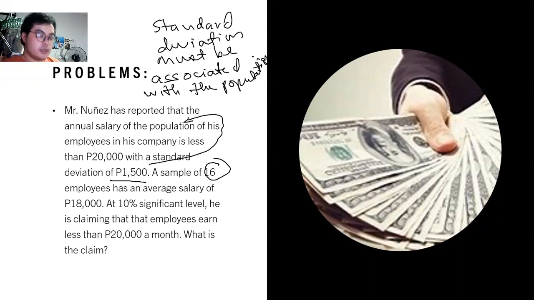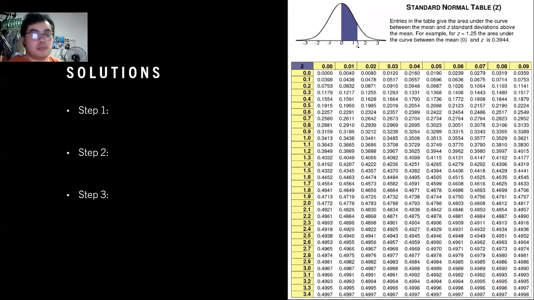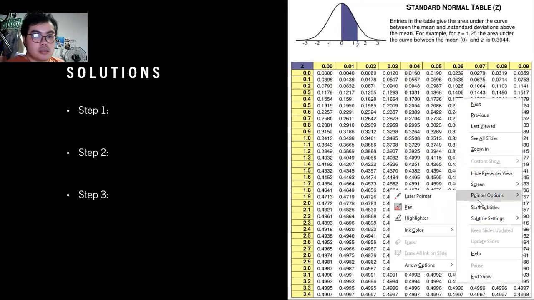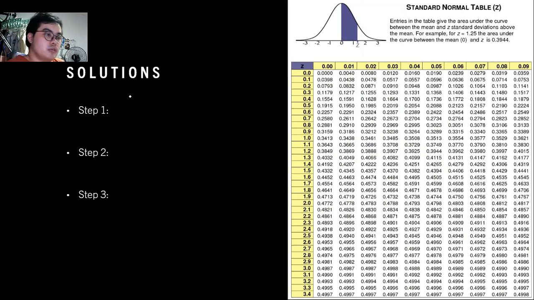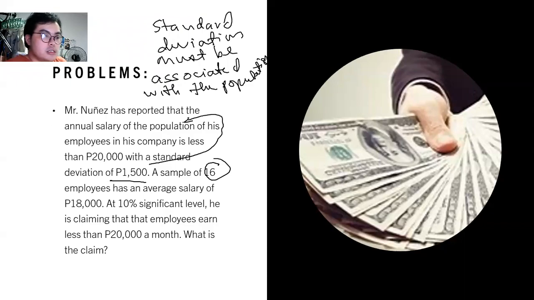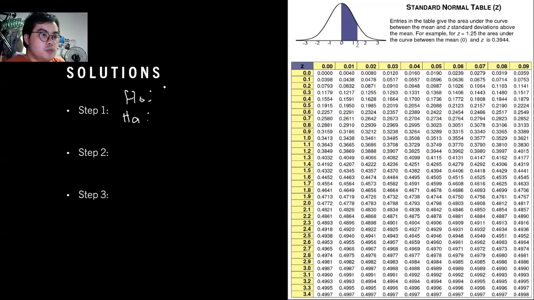Okay, so what are we going to do here is, yung sa step 1 natin. Okay, so we're going to identify the null hypothesis and the alternative hypothesis. Okay, so the null hypothesis has stated that the mu is equal to 20,000 while the mu is less than 20,000.